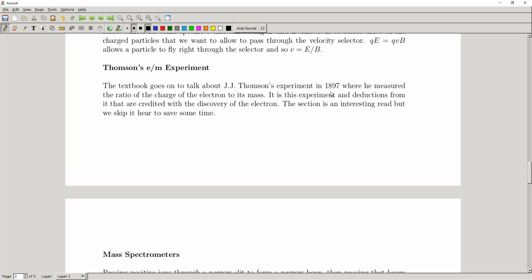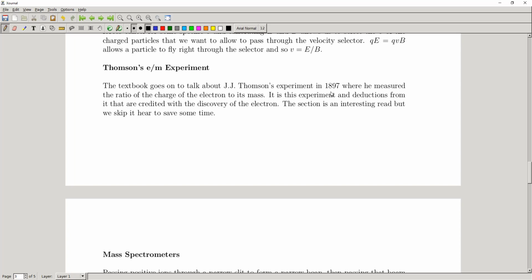And from that experiment and some deductions that were made after the experiment, they were able to show that there was such a thing as an electron, and this is where we credit the discovery of the electron and really the birth of modern particle physics, which is the field that I work in, right? So this is really a real milestone in moving physics into a more modern era, and it happened back in the very late 1800s here.